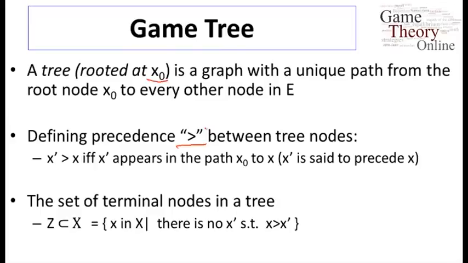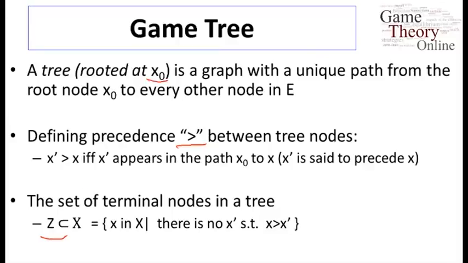So one node precedes the other if it is on the path between the root node and the second node. And of course, there could be two nodes, neither of which precedes the other. Finally, we define the set of terminal nodes Z to be a subset of the nodes such that there is no node that they precede in the tree.